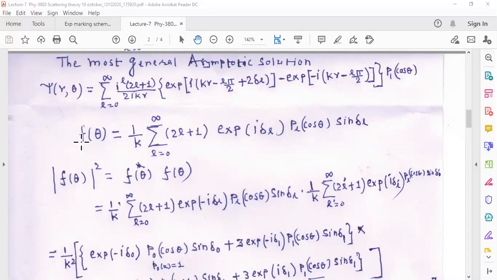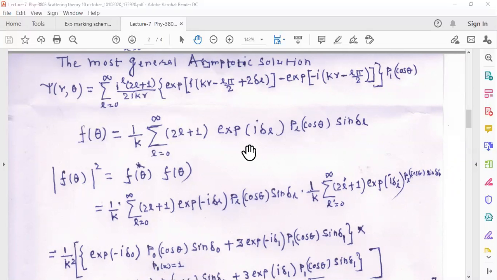So we have obtained f of theta as 1 upon k, where k is the wave vector, which we have already defined. And you have various terms corresponding to L equal to 0, L equal to 1, L equal to 2. There is basically a sum over the states. So this scattering amplitude consists of the sum of the contribution of all partial waves.